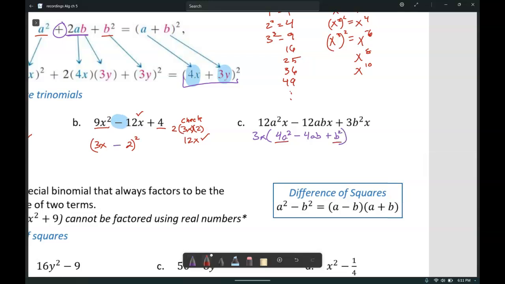Now these are squared quantities of 2a and b, and if we multiply 2a and b by 2, we get 4ab, which is our middle term, so it factors to be 2a minus b squared, and then don't forget our GCF.